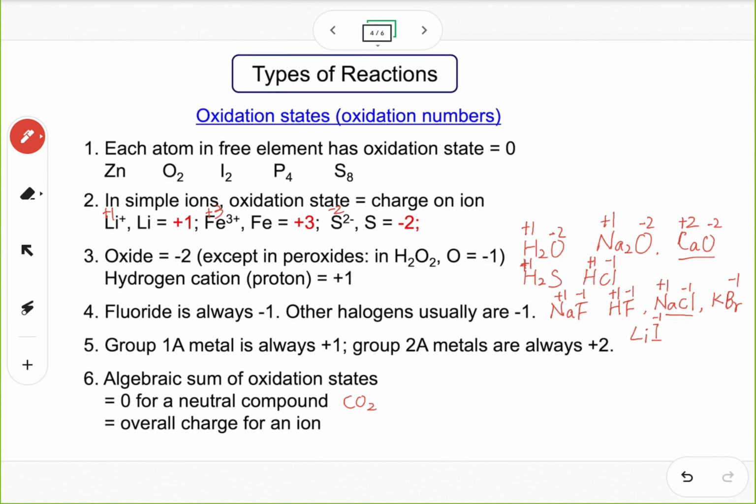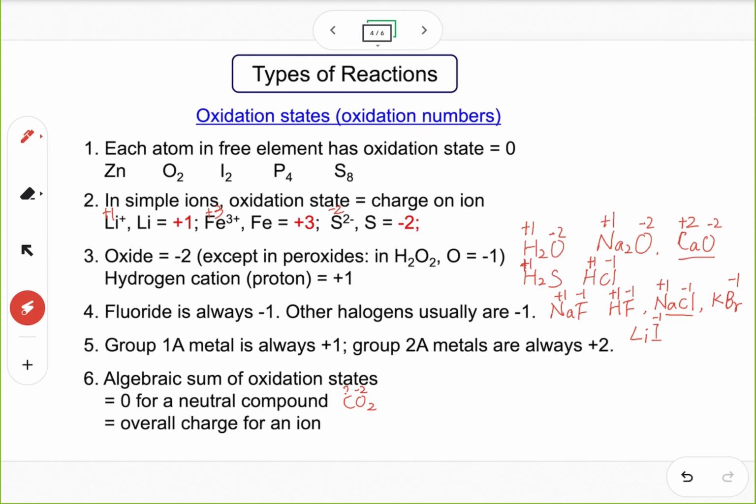Based on rule number 3, oxide is -2, so we can label -2 on top of oxide. If you want to calculate the oxidation state of carbon, you can do a simple calculation. I label a question mark for the oxidation state of carbon.